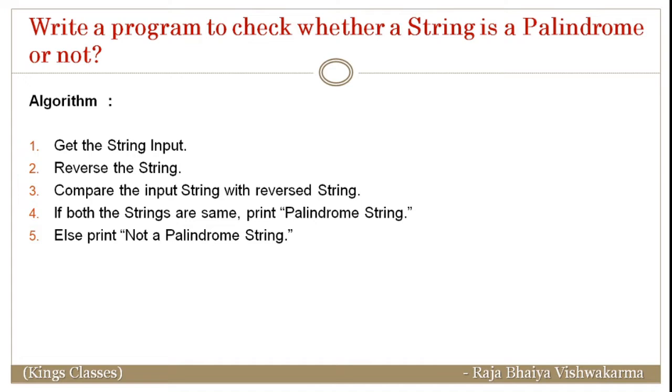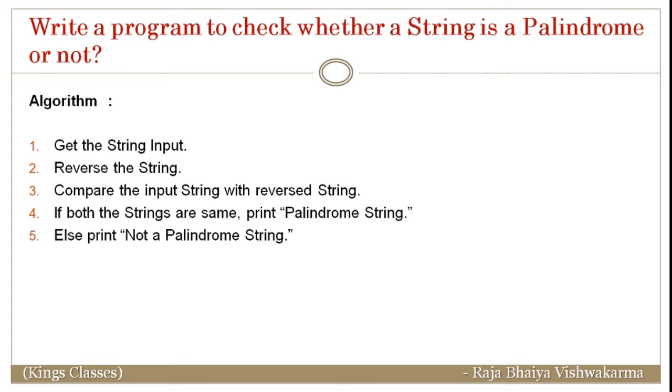In the next step, if both the strings are the same or equal, we will print the message saying that it is a palindrome string. And if the strings are not the same or equal, we will print the message not a palindrome string. So these are the steps that we will be following while writing the Java program.